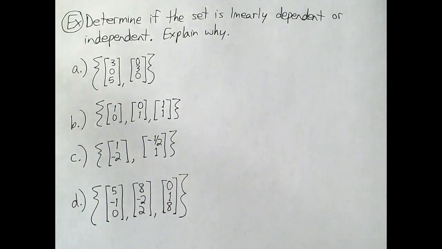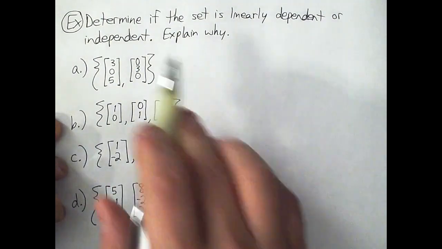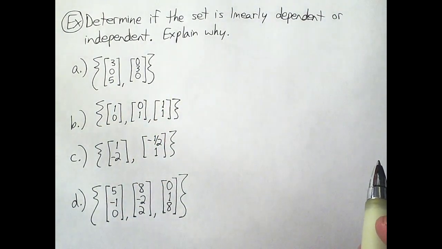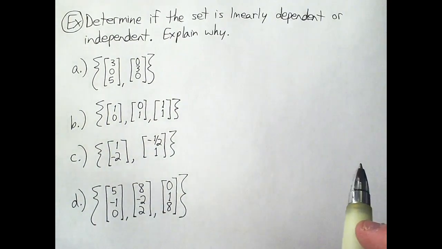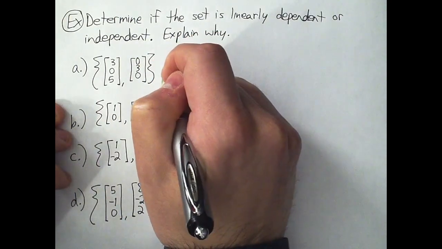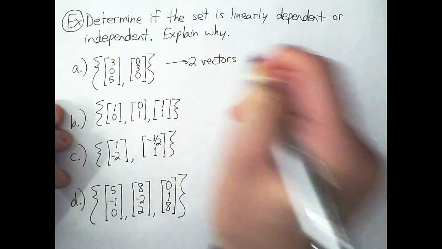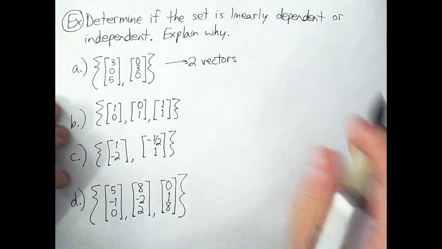Okay, so I just stepped away for a little bit, and we are back to talk about these solutions. Remember, there could be more than one way to solve some of these. Part A, I'm going to say there are 2 vectors. So I'm thinking about that shortcut for sets containing only 2 vectors.